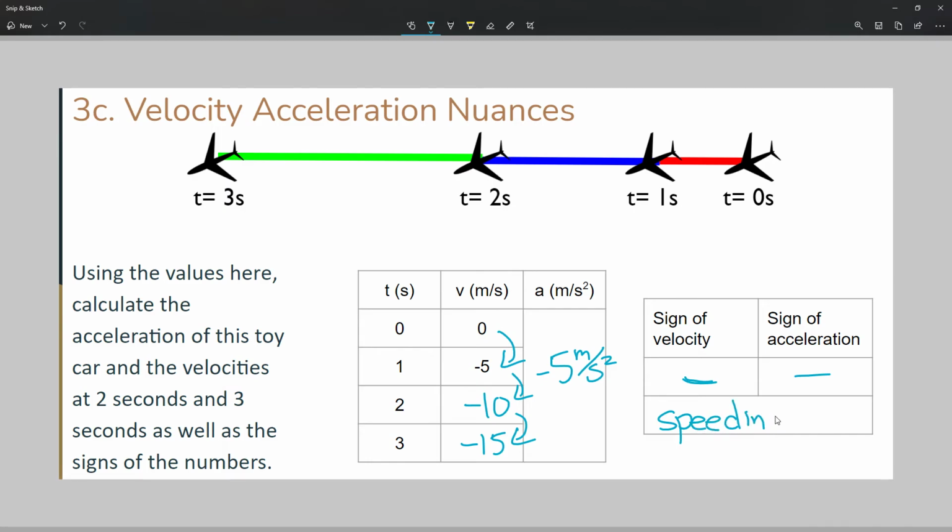By the way, at this point, you're probably like, well, that doesn't make sense. It's negative. Why does it mean we're speeding up? Well, the negative sign, if you watch the prior videos, if you haven't seen me explain this. Your negative signs really just mean the opposite direction of the positive.